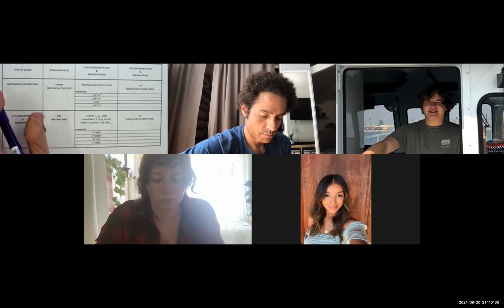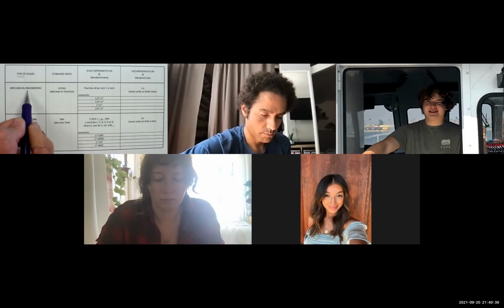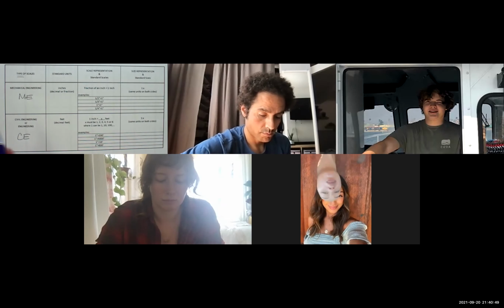Okay, so in this class, we are going to be looking at two different types of scales, the mechanical engineering, ME scale, and the CE scale. Even though this row represents a civil engineering scale, it's also called the engineering scale. Now, the terminology is a little weird. The term scale is the tool.